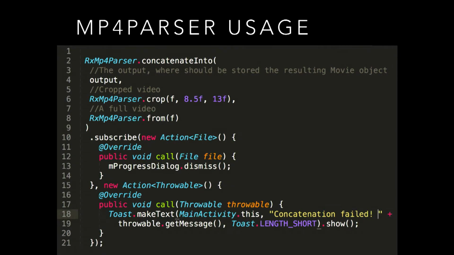And then once it finishes doing that, it's just going to get the callback here, or if it can't do that processing, it's going to get an error as a throwable. And it's a pretty easy to use API, as you can see. So let's look at a demo of how this library performs in Android apps.